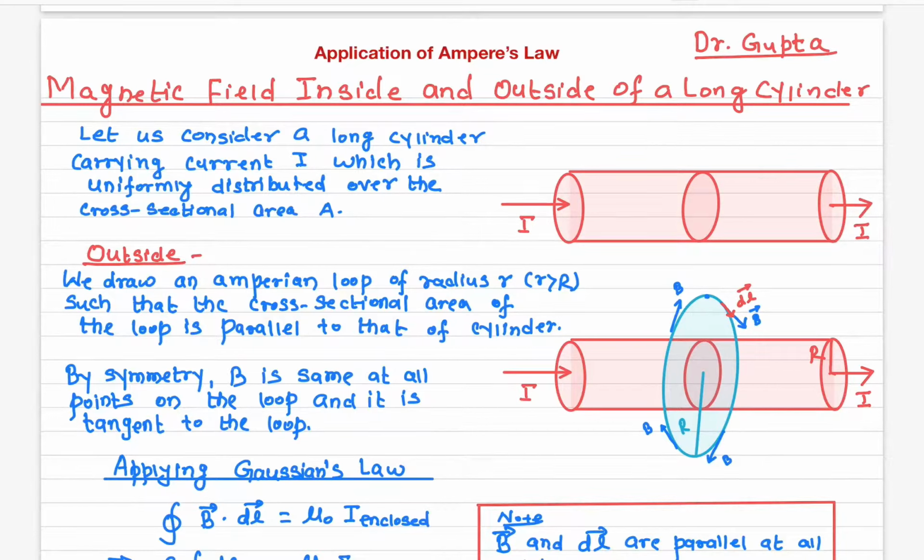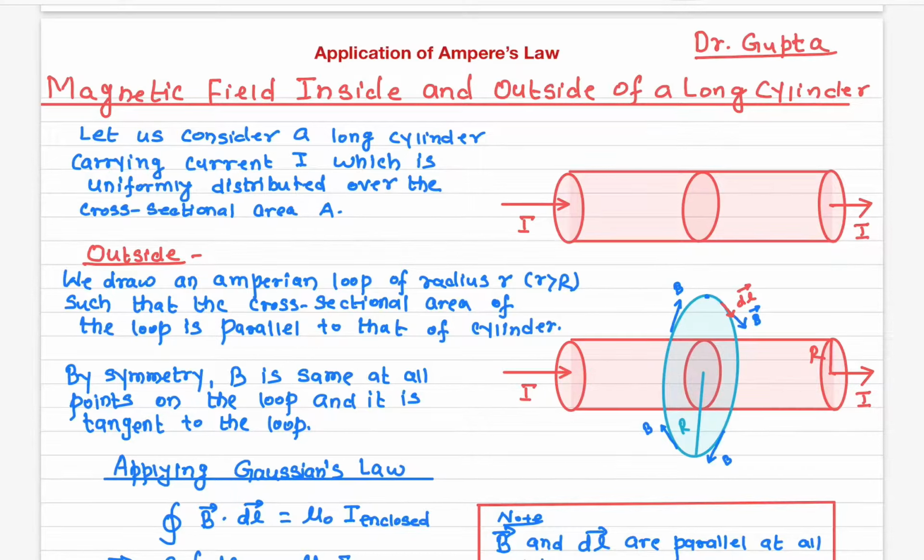Now if you look at the magnetic field at each point due to this current carrying cylinder, the magnetic field will be circling around the loop. That means the magnetic field at each point is tangent to this loop, circling the cylinder.